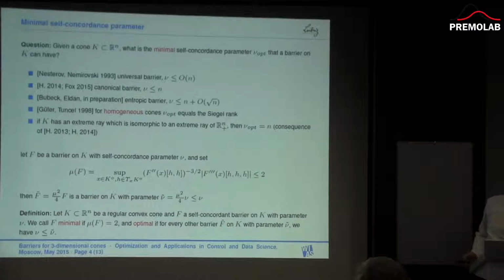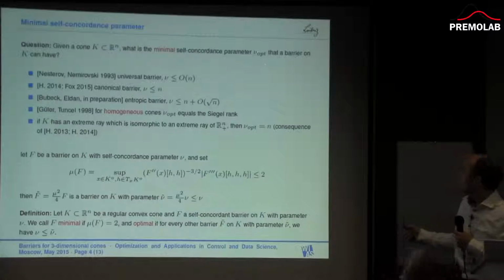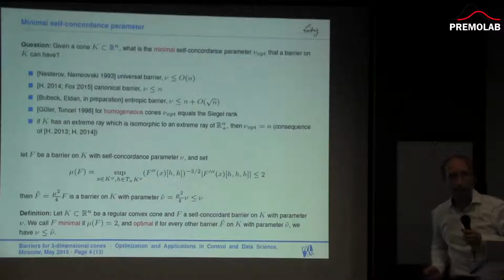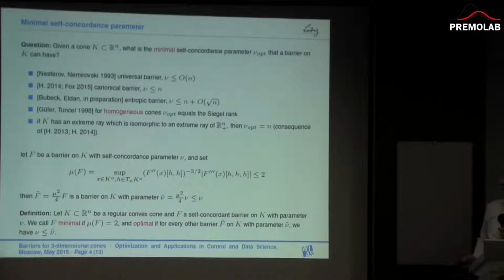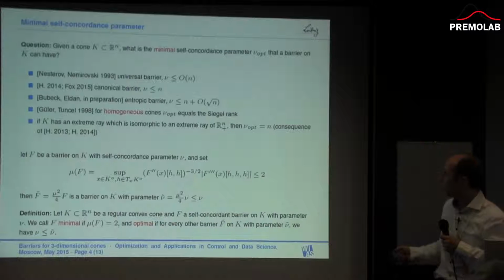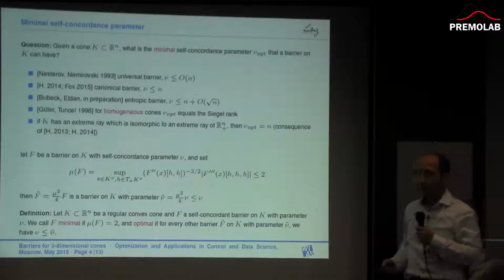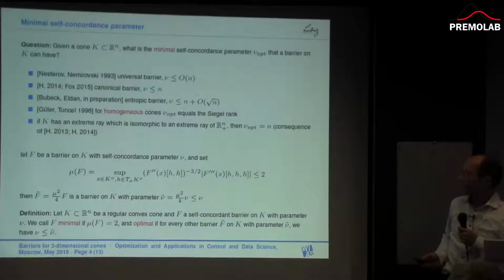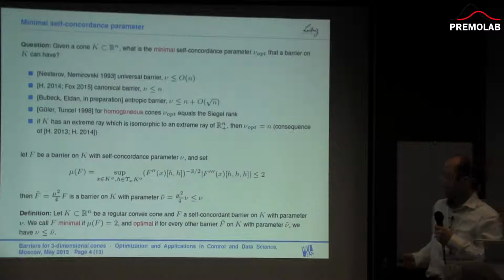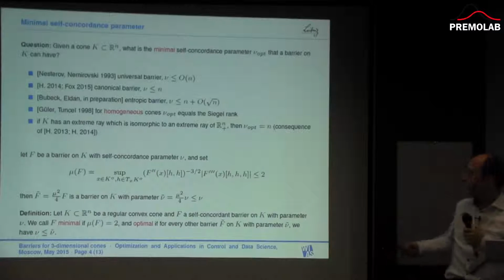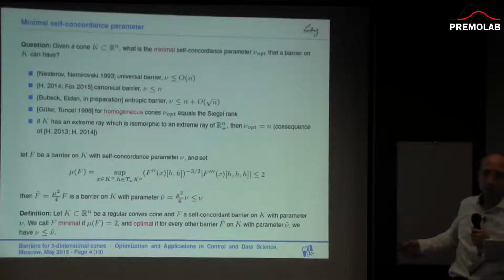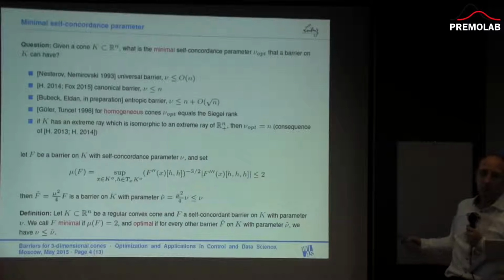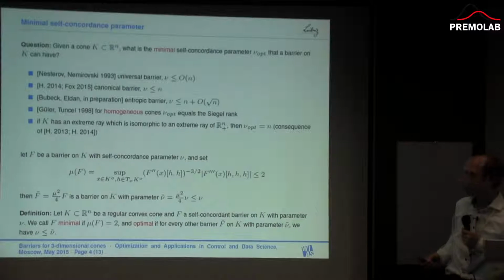And it turns out that it's actually not so easy to compute the exact value of this optimal parameter, but for a class of cones, the homogeneous cones, it has been done almost 20 years ago, and this depends on the construction of these cones, on the Vinberg classification and on the corresponding construction. And here this optimal parameter equals the so-called Siegel rank of the cone.